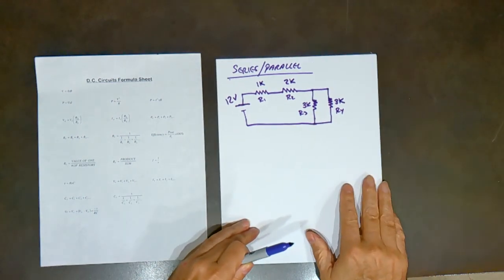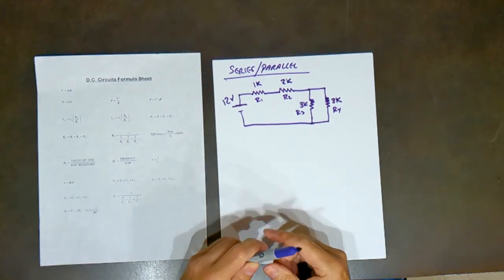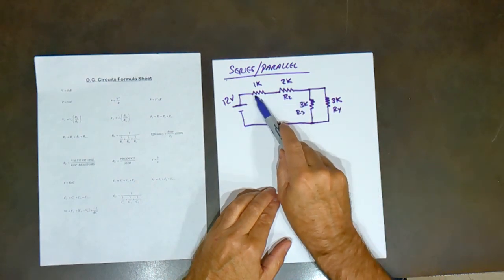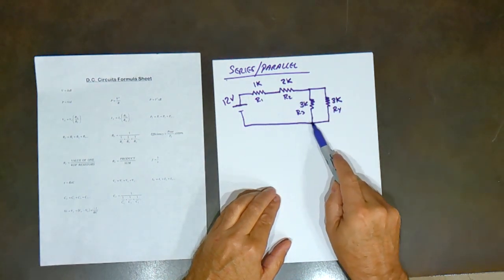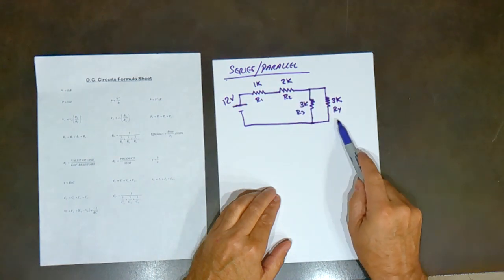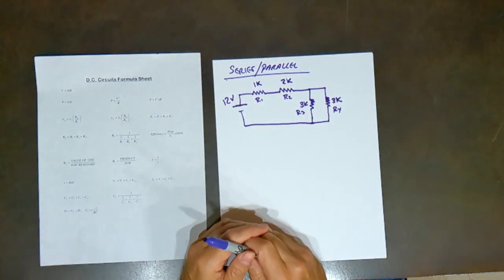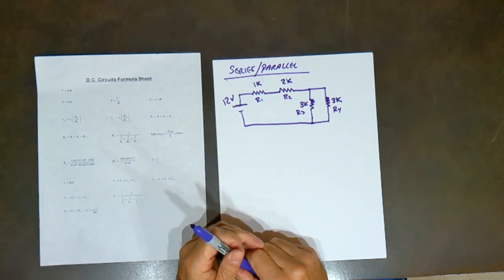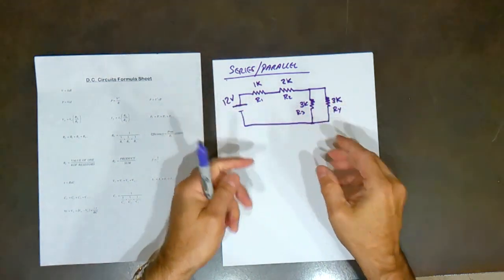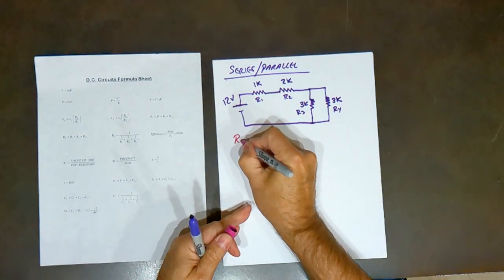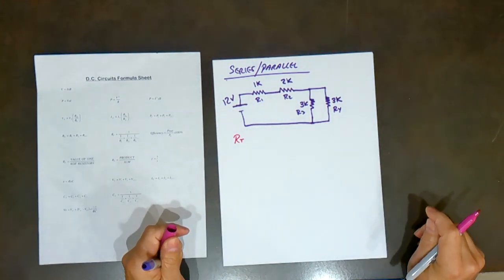So hopefully it's obvious at this point in time that this circuit is made out of components that are in series and some components that are in parallel. And the two combine to be a series parallel combination. When you're solving circuits like this, the first thing you have to look for is finding R total.